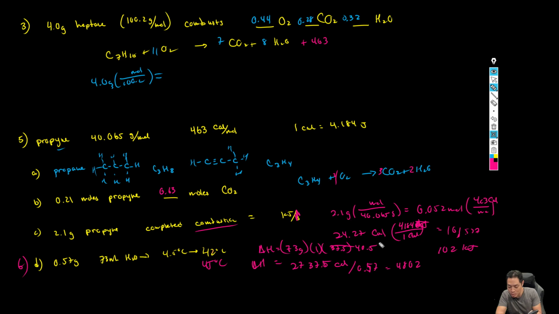Times 73. So I apologize for my mistake. This is 2956.5 divided by 0.57. So sorry, I made a mistake right there. So the answer is 5186. And then if you divide it by 10,000, so about 52%. So sorry for the mistake, but that would be 6.